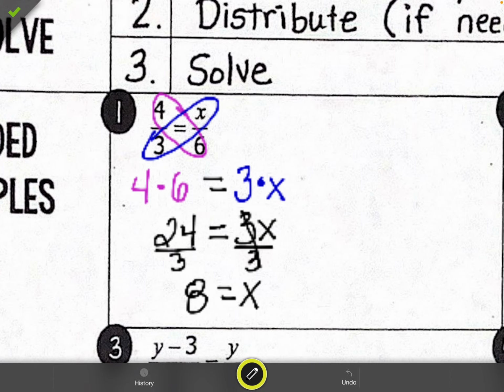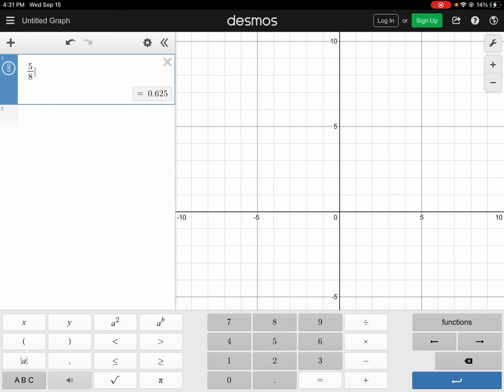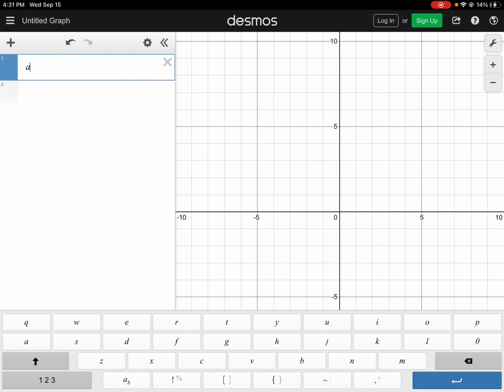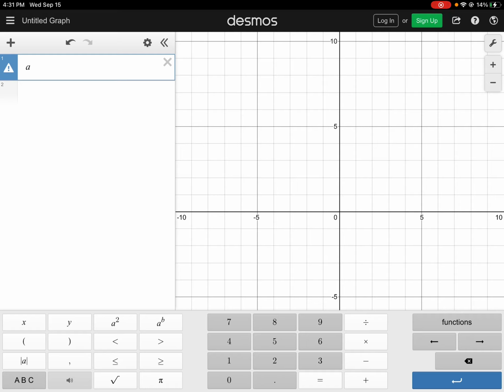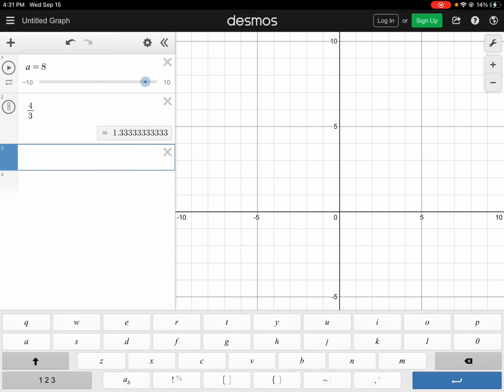Now, here's how you can tell if you did it right. You can pop over to Desmos. And so what we're going to type into Desmos is we got an answer of 8. So remember, don't use X, Y, or R. So I'm going to use A. So I'm going to say A equals 8. And then you just do the left side. So that was 4 divided by 3. It's going to give me a decimal. And then I'm going to type in, instead of X, what was it, X over 6, I think?